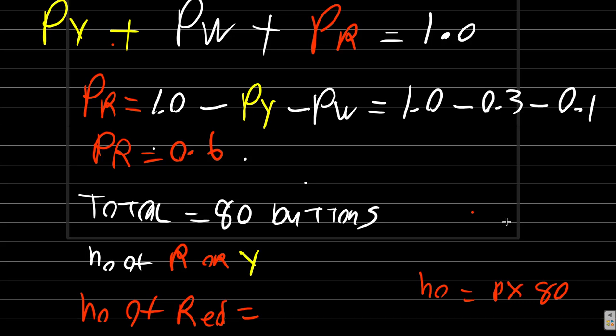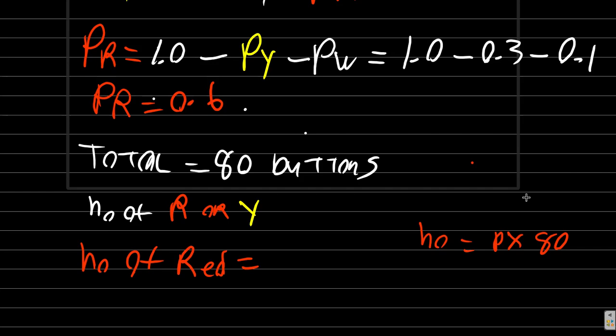If there were no red, the probability of choosing a red would be 0, and 0 times 80 is 0. So the number of red is 0.6 times 80, which is 48.